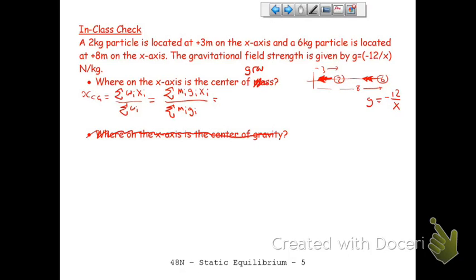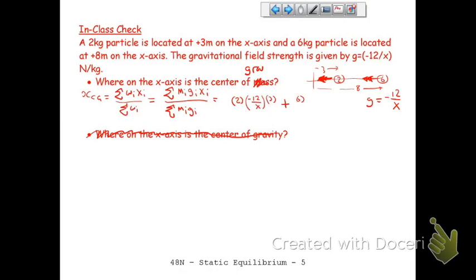So then this equals, well, our first mass is 2, and our gravity is -12 over x. I don't think that negative sign makes a difference. I'll leave it in for the minute while I think about it. And then that is 3. That's a sum, so we're going to add these together.